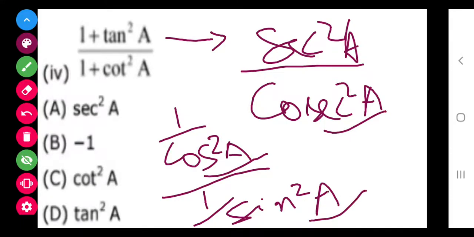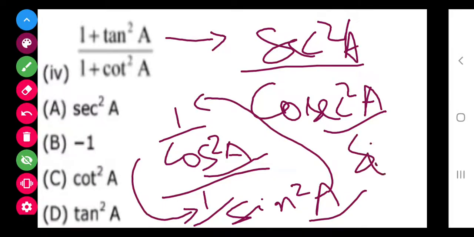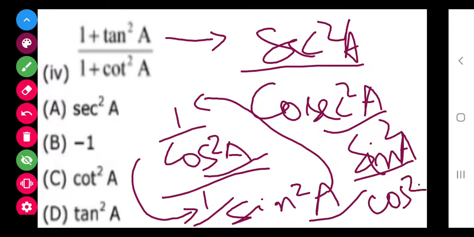Now rearrange sine here and cos here, you will get sine square A upon cos square A, that is equal to tan square A.